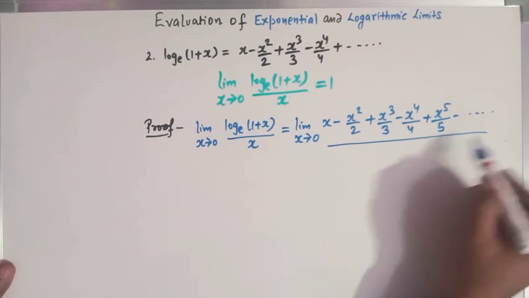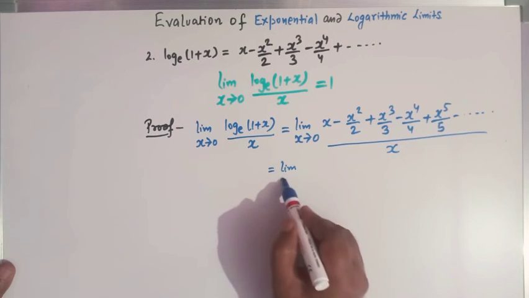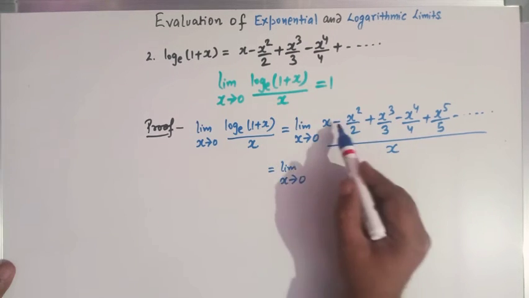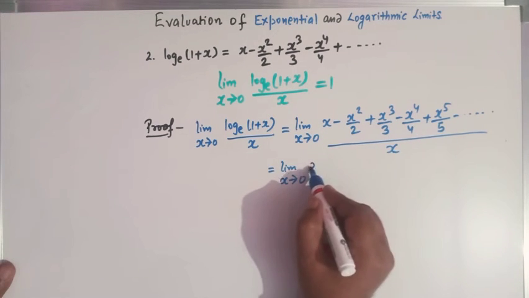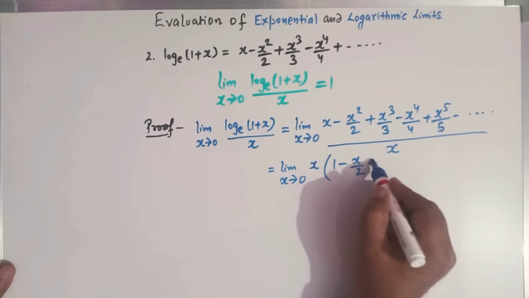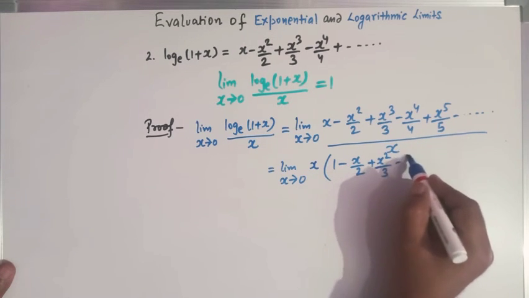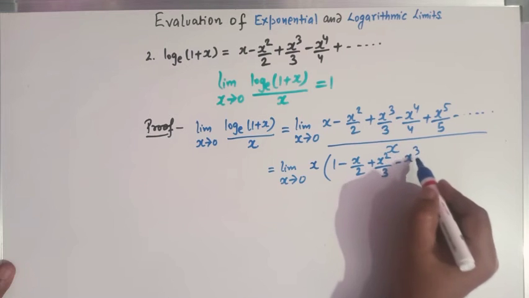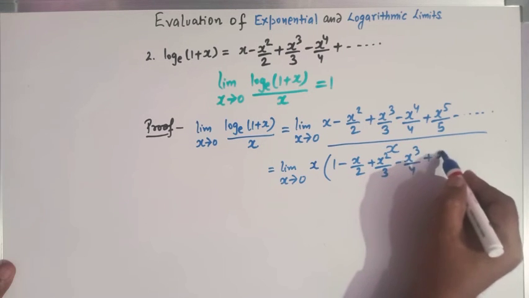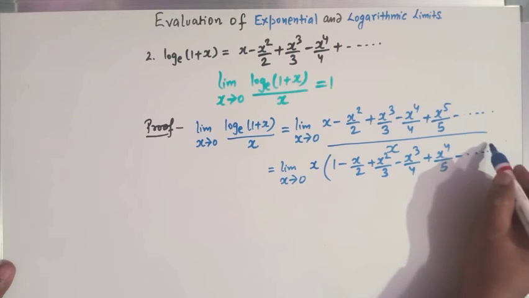And divided by x, right? So now we have limit x tends to 0, and in the numerator we can take x common. So we have 1 minus x by 2 plus x square by 3 minus x raised to 3 by 4 plus x raised to 4 by 5 minus so on, right?